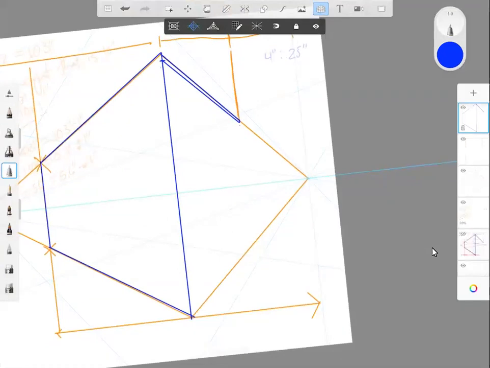And then we take that same measurement there to go to there.